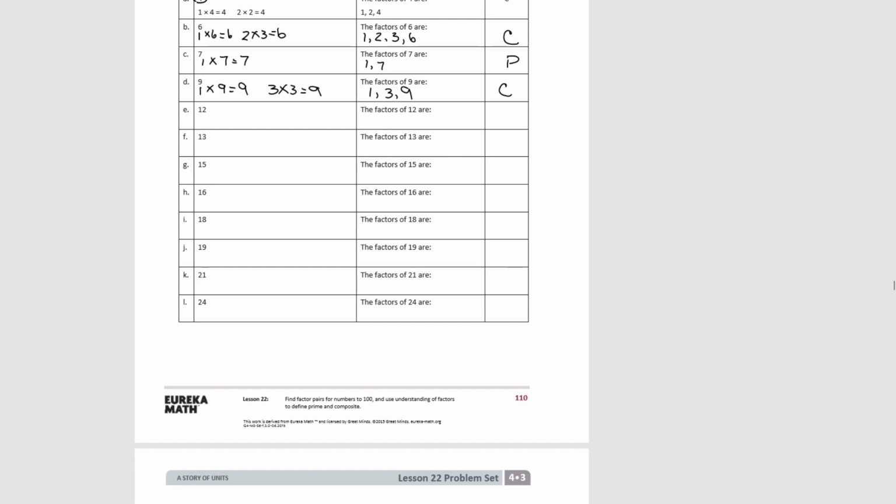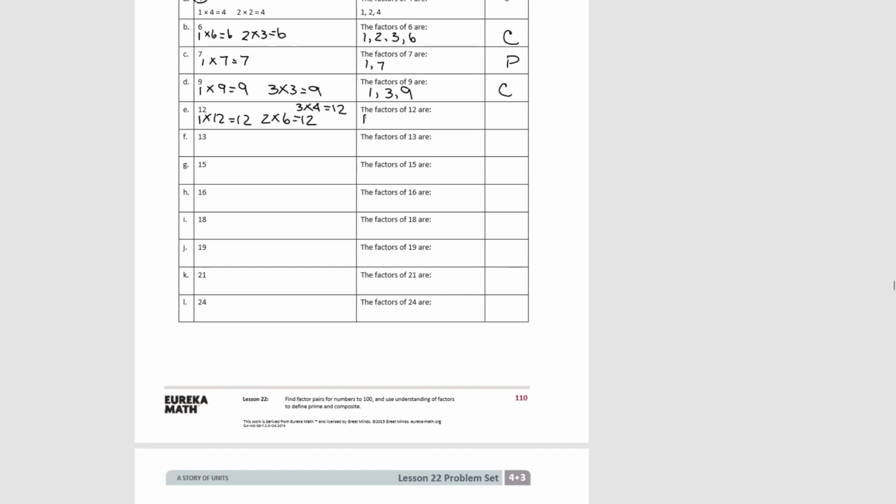For 12, we have 1 times 12. We have 2 times 6. We have 3 times 4. There's nothing for 5. We've already used 6, so now we've done the first half, so we know there aren't any more factors.